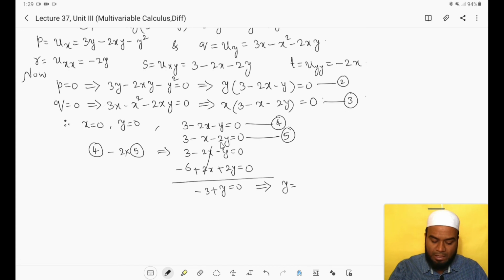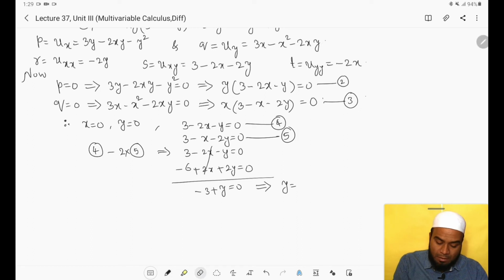If we see carefully here what will happen? See, first equation will be as it is, 3 minus 2x minus y equals to 0, and in the second equation 3 minus x minus 2y equals to 0 is there, and we are multiplying this with minus 2. So what will happen? This 3 will become minus 6, this minus x will become plus 2x, and minus 2y will become plus 4y.